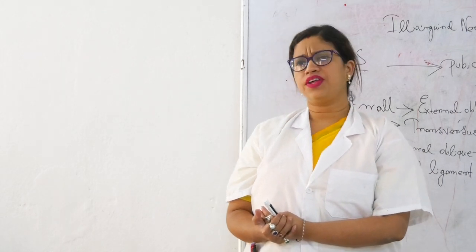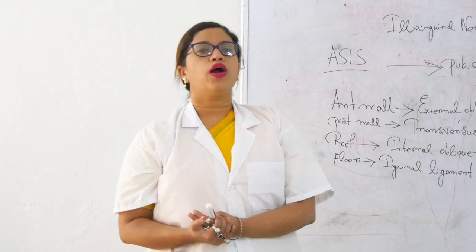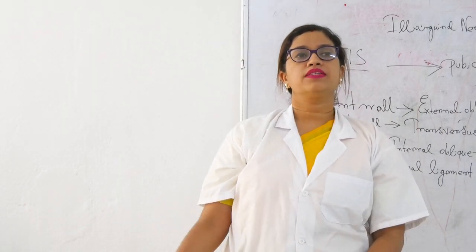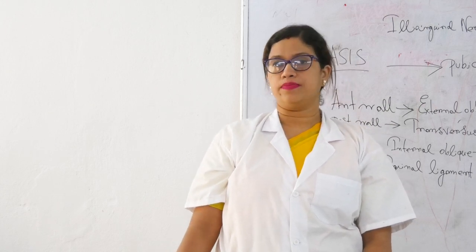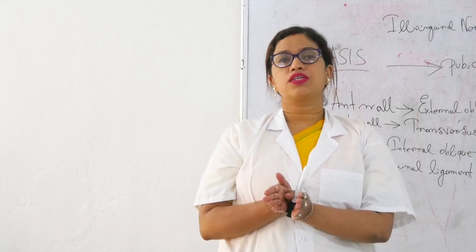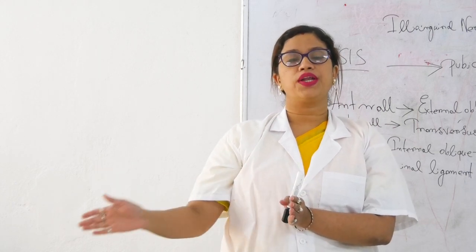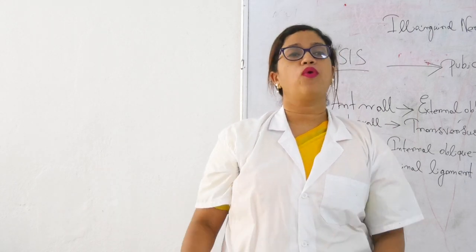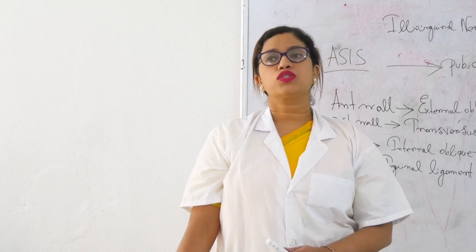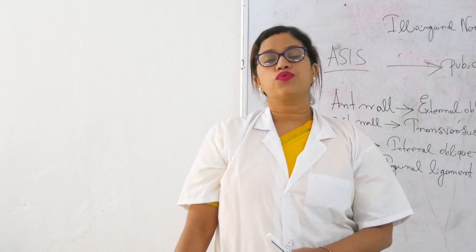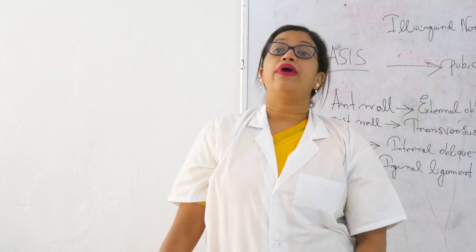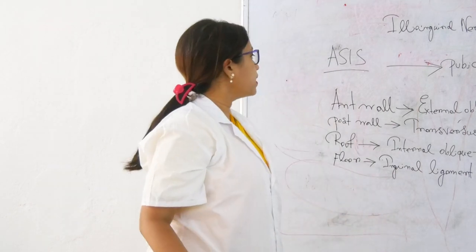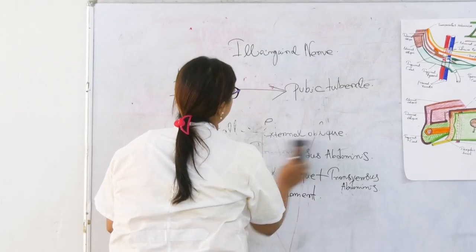Okay, so this is a natural phenomenon. For prevention of this hernia, our human body has got four mechanisms, so that these structures won't go through the superficial ring as well as the deep ring. So what are the mechanisms? First one is the flap valve mechanism. There are four mechanisms. Write it down.